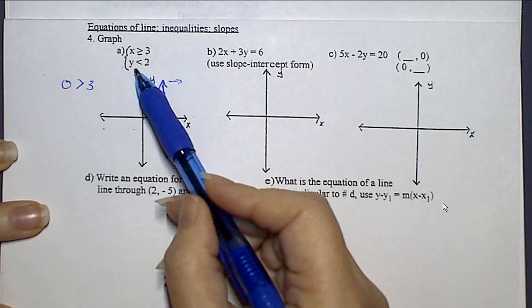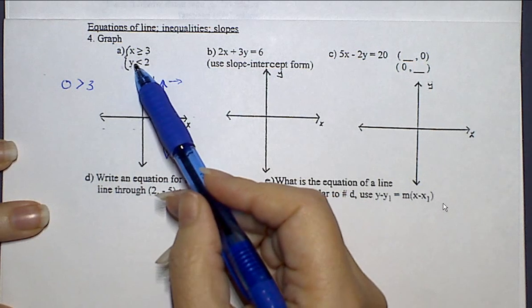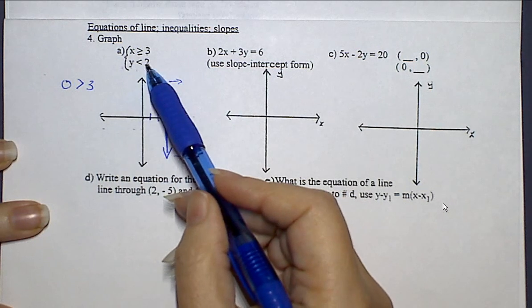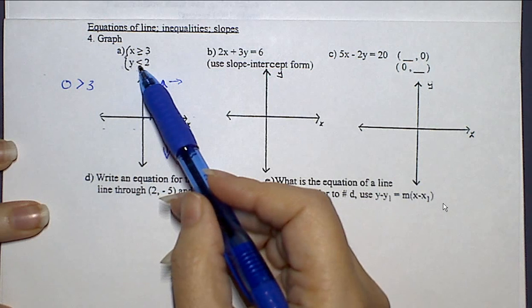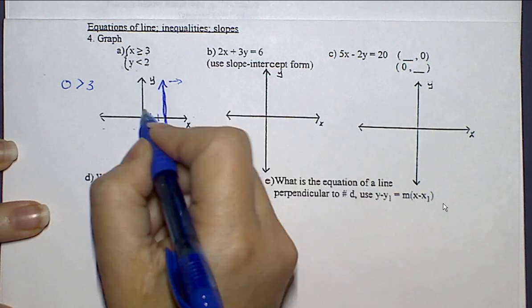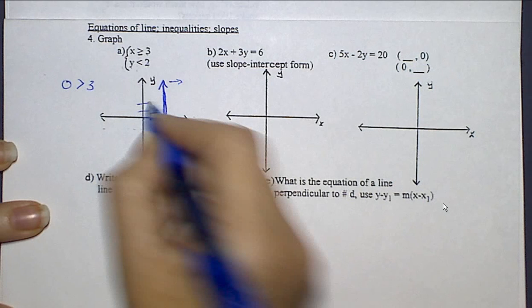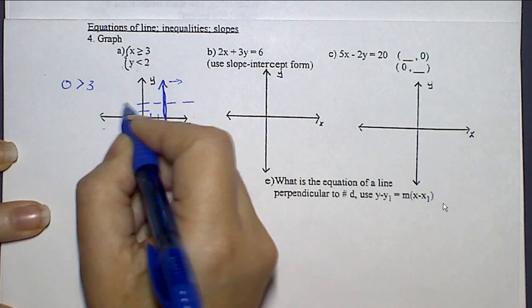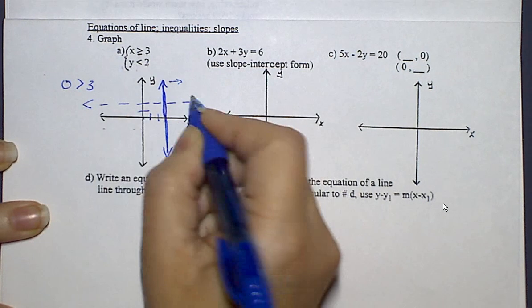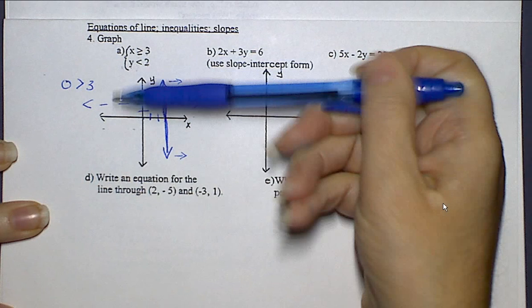Then we go to this one. Now we have y, and our boundary is equals 2, but because it doesn't equal it, it's going to be a what kind of line? Dotted. So y equals 2, so we have 1, 2, a dotted line. And now I need to know if we're going to shade above it or below it.